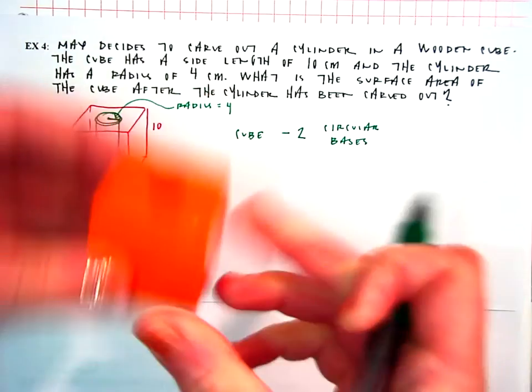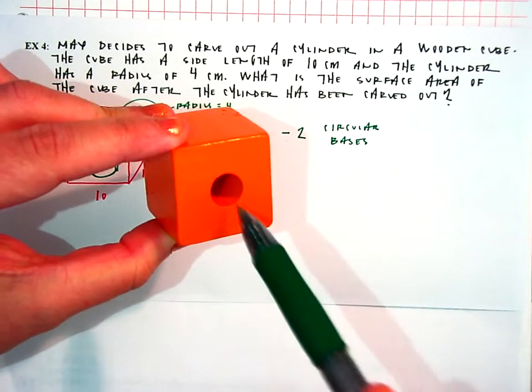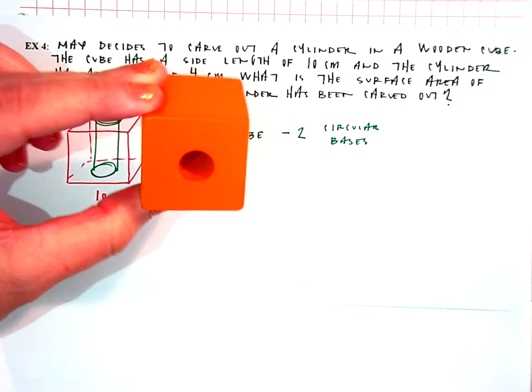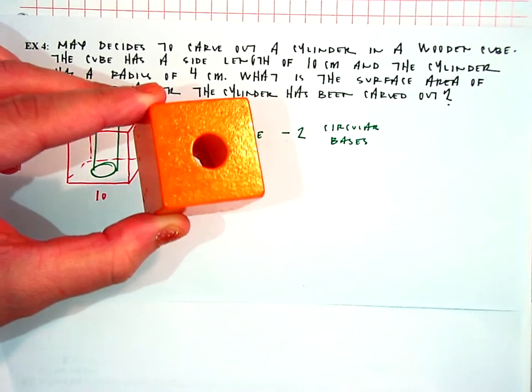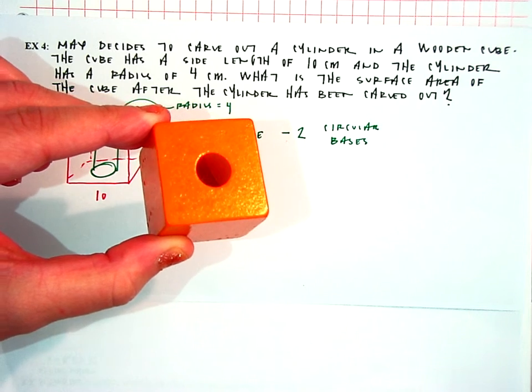So I have my cube and I'm going to remove these two circular bases. And then the hardest part to visualize without a visual, right, is what is now inside right here? What is that curved face that's now exposed? This is what I'm talking about when I mentioned that the curved lateral face is like the label of a soup can.